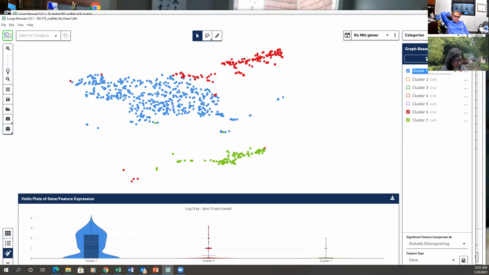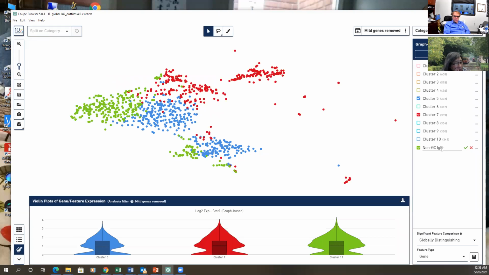This is non-GC, non-GC. Oh, come on. All right, the dot size, yeah, it's the same. It looks the same. All right. Somehow it doesn't change the name. Forget about changing the name. It didn't work.